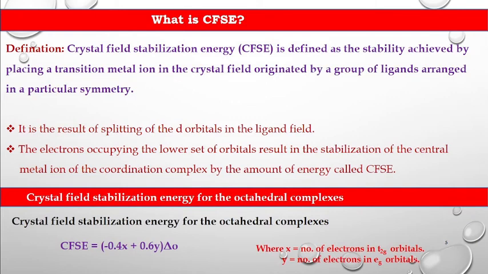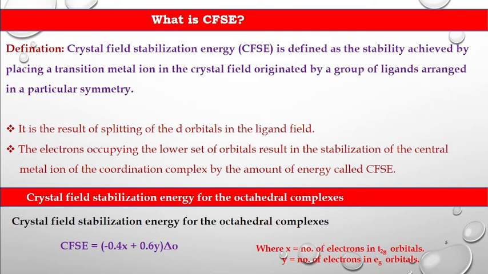Now CFSE, crystal field stabilization energy, what is that? From this we can say how much energy is stabilized, how much this configuration is stabilized. If an electron is occupying the t2g levels, that amount of energy is stabilized, and if an electron is occupying the eg level, that amount of energy is destabilizing the complex.